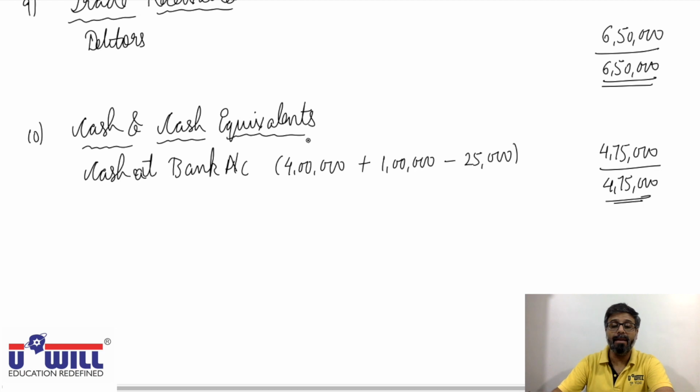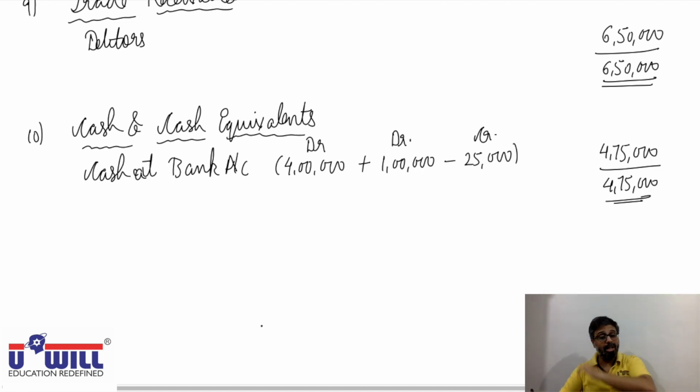Okay, debit amount of second entry and fourth entry you will add, and credit amount of sixth entry you will minus. So this is how we have to get all the notes.